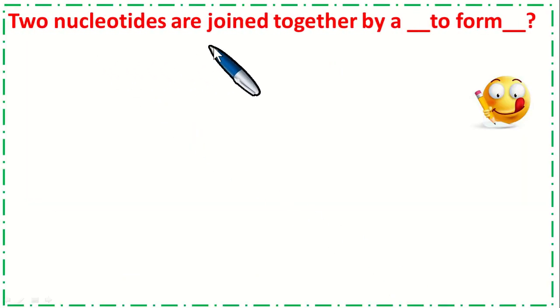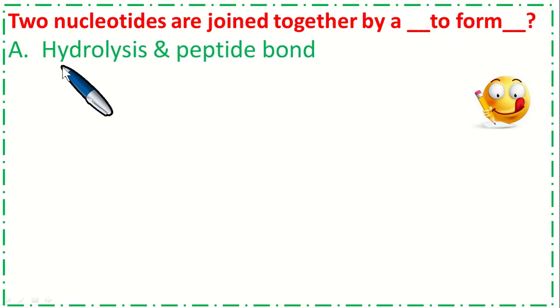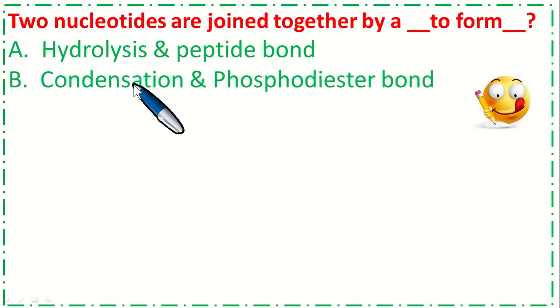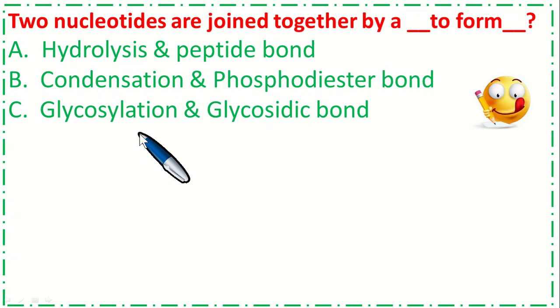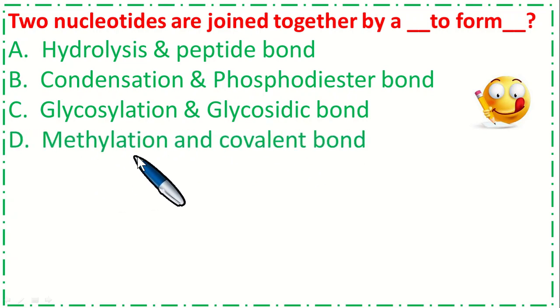Two nucleotides are joined together by dash to form. Option A hydrolysis and peptide bond, B condensation and phosphodiester bond, C glycosylation and glycosidic bond, and option D methylation and covalent bond.